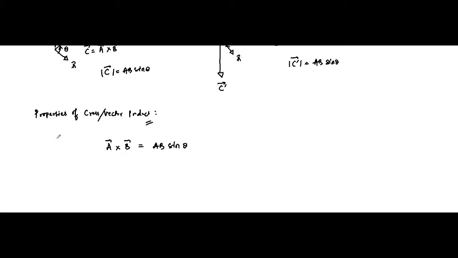So when theta is 90 degrees, that is, A vector and B vector are perpendicular to each other, in that case the magnitude of C vector will be AB sine 90 degrees. Now we know sine 90 degrees is equal to 1, so it will be AB. So this is for perpendicular vectors.